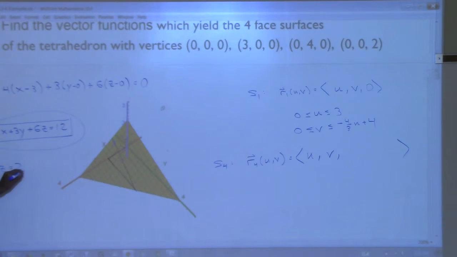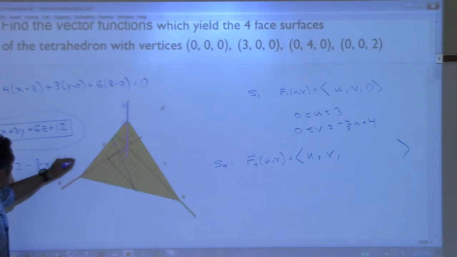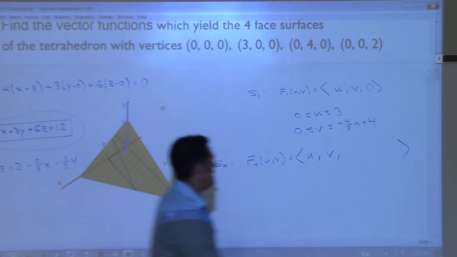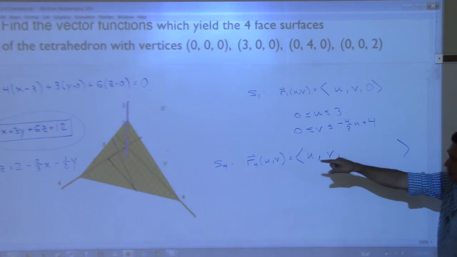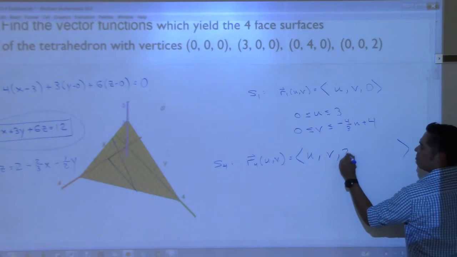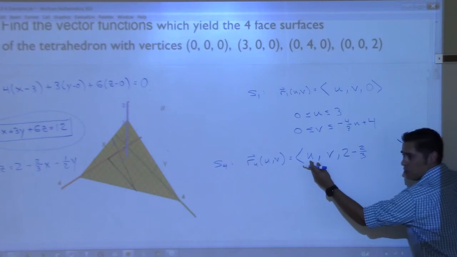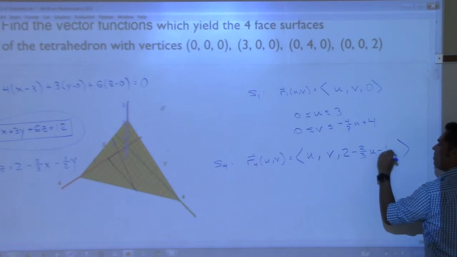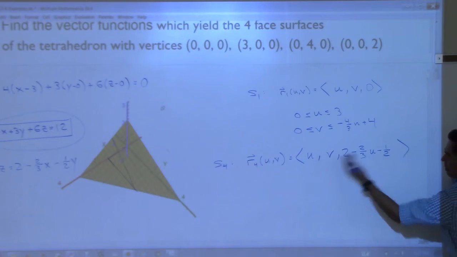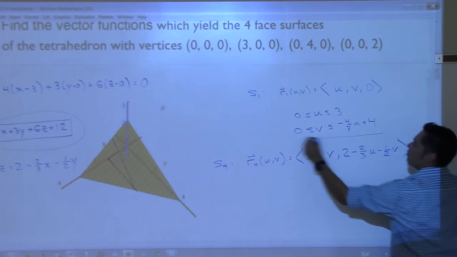What do I get? 2 minus 2/3 x minus 1/2 y. So that's what happens when I solve that for z. I need every point that lives on this surface to satisfy that equation. So I need this to be 2 minus 2/3 what? u, right? Because u is the x. And then minus 1/2 y, but y for us is v. And then we will have the same restrictions, won't we?